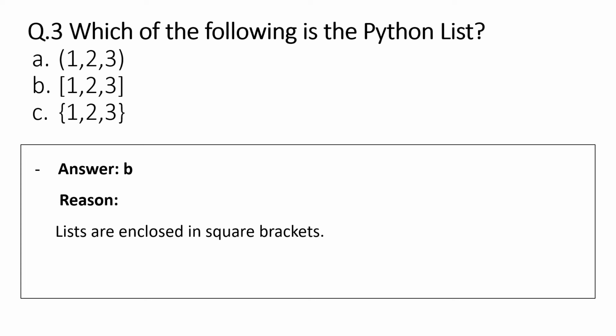Question number 3. Which of the following is a Python list? 3 options are given over here: A, B and C. The answer for the same is B, because if you observe this B option, you can find the items are separated by commas and they are enclosed in square brackets.